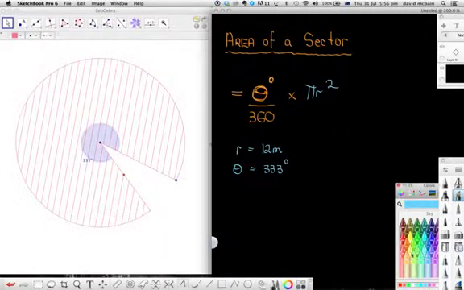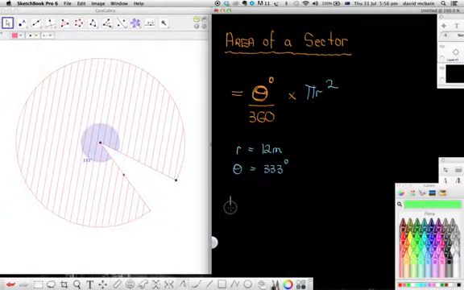Okay, so the area of this sector is going to equal theta, which is 333 degrees, divided by 360 times pi r squared. But r is 12, isn't it?